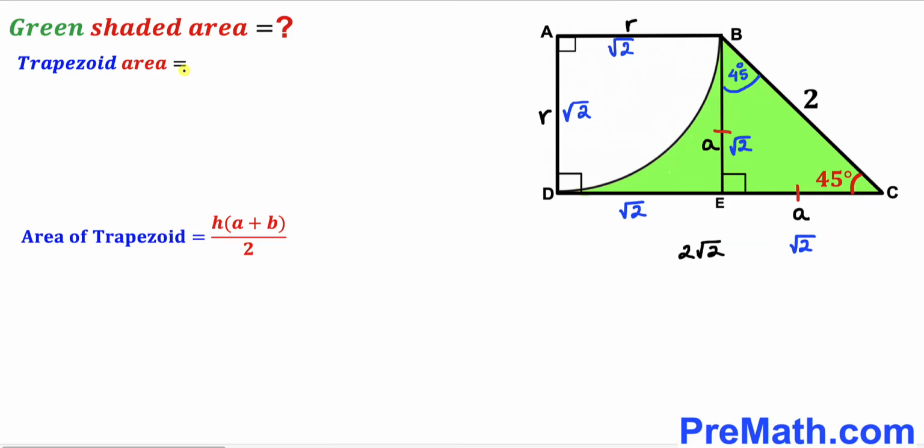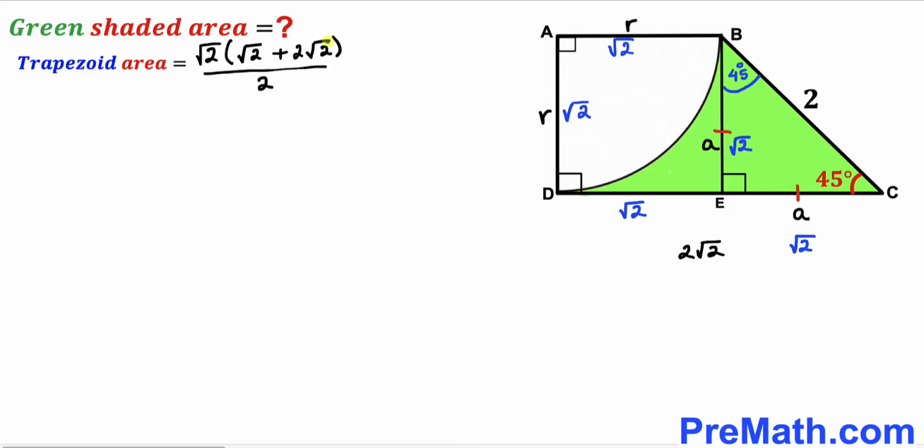So therefore the area of this trapezoid ABCD is going to be square root of 2, the height, times one base, square root of 2, plus the other base, 2 times square root of 2, all over 2. And here we can see inside this parentheses that is going to give us 3 times square root of 2.